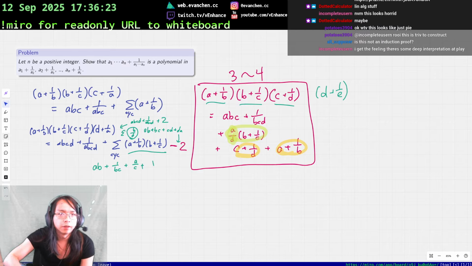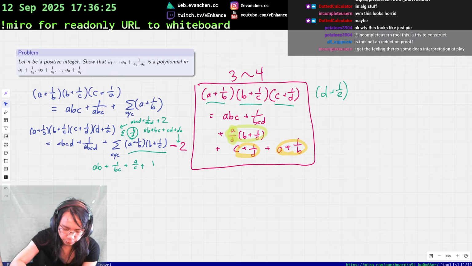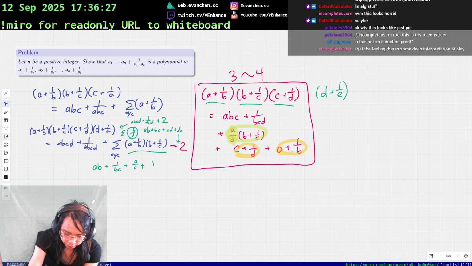So if I multiply on the green d+1 over e, what happens now? This stuff is all okay.